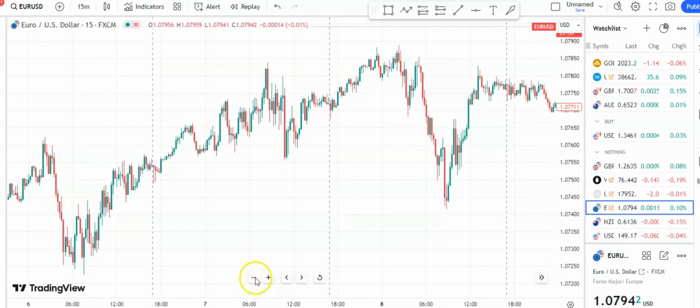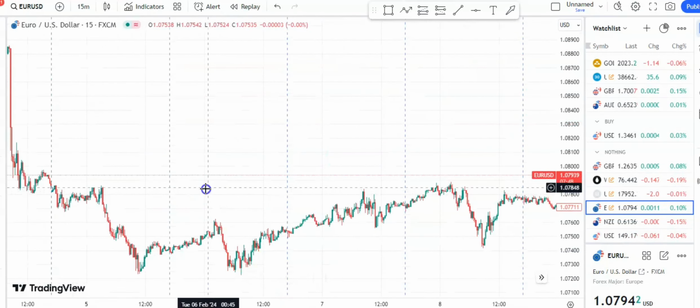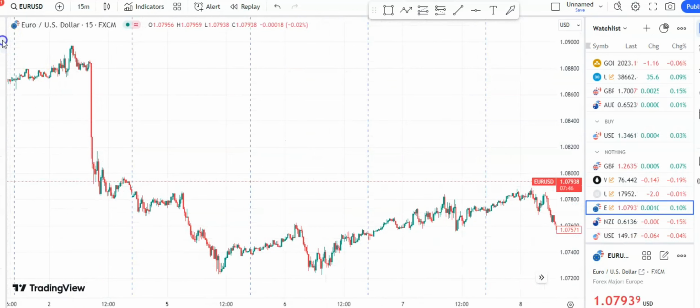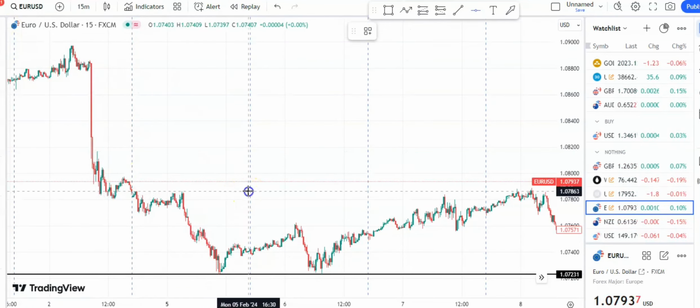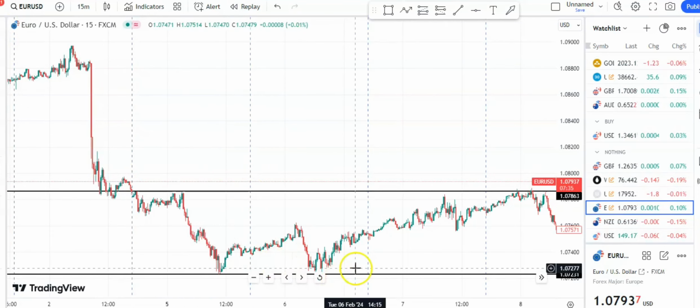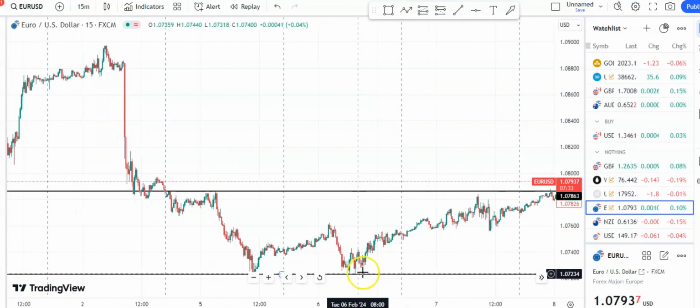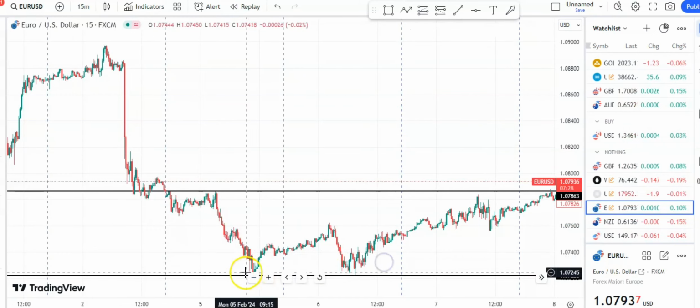Now, if we look at where the high and the low of the week is, we begin the high and the low of the week on Monday, like that. And that is the high. On Tuesday, this day here, we pinned the low, so we extend the low up to that level.